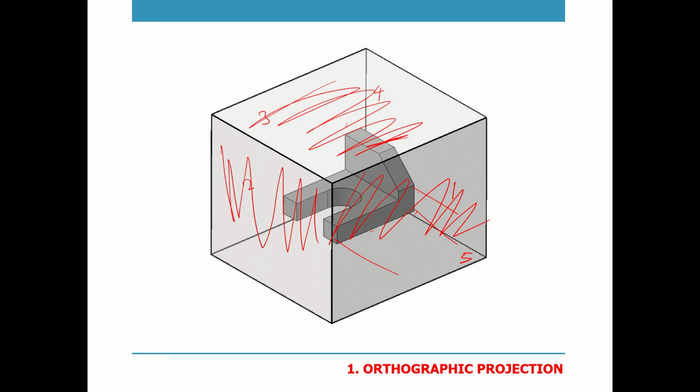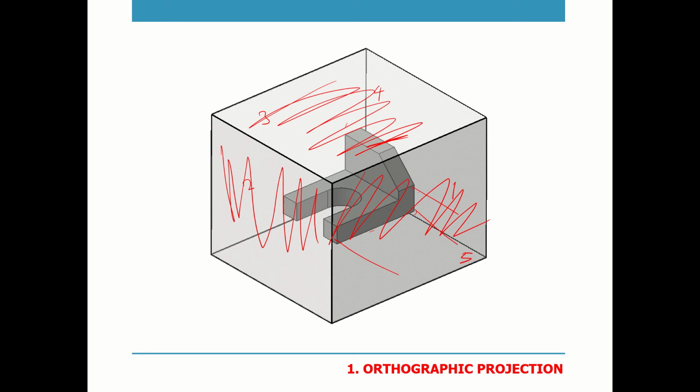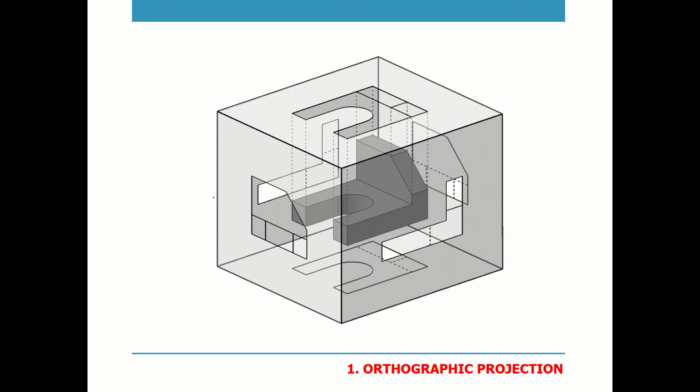So what we do is we try to put that object in a theoretical or an imaginary box, and then we try to convert this into 2D drawings. Let me show it further. For example, whatever you see on this particular face has been projected here and drawn.